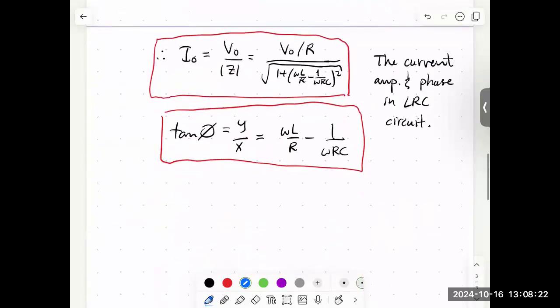Before we look at the shapes of these curves, what you'll actually measure is not the current. The oscilloscope is good at measuring voltages as a function of time, so we're going to measure the voltage across the resistor.